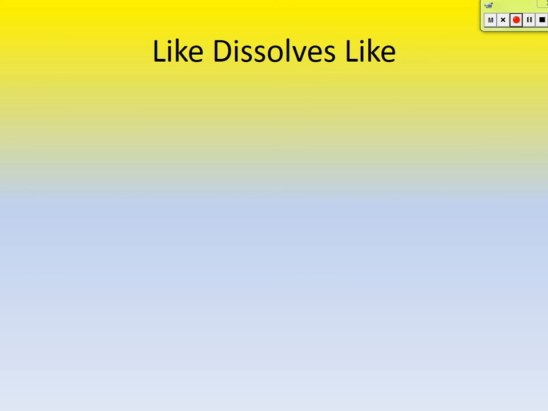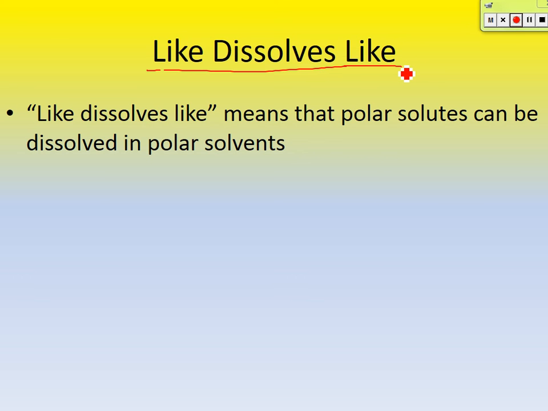There's this principle in chemistry, especially when we're studying solutions, that like dissolves like. So let's talk about that. There's something to fill in the notes here. In your notes, like dissolves like means that polar solutes can be dissolved by polar solvents.